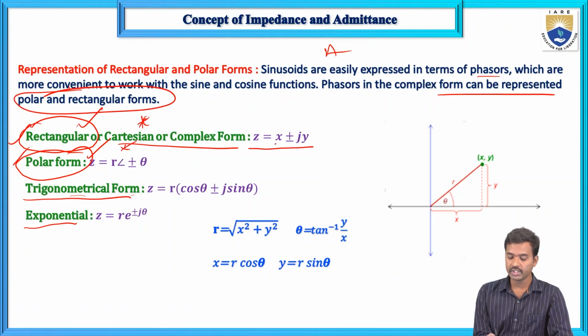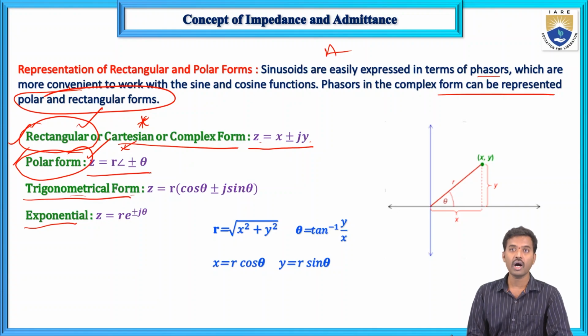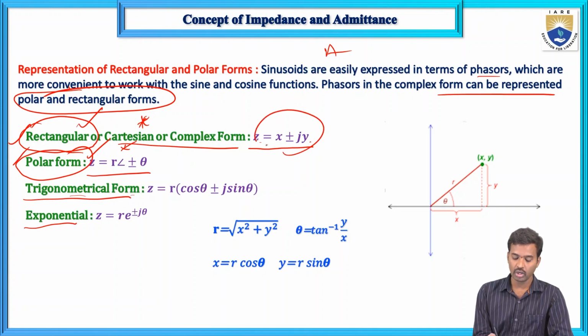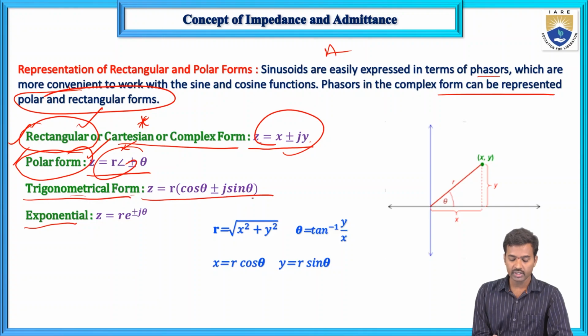Rectangular form is Z equals X plus jy or X minus jy, and polar form is Z equals R at an angle of theta. These two are most important, and the others are also okay. The trigonometrical form is Z equals R cos theta plus J R sin theta, and the exponential form is Z equals R e power plus or minus j theta.